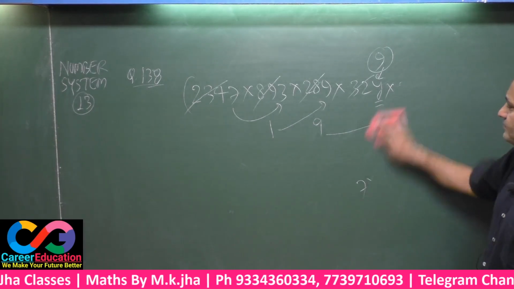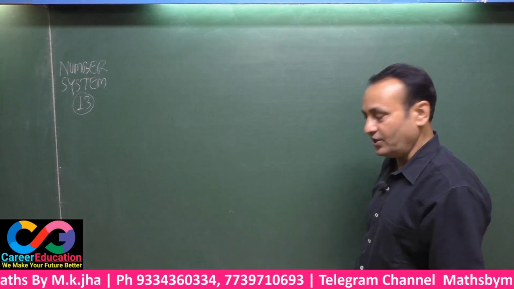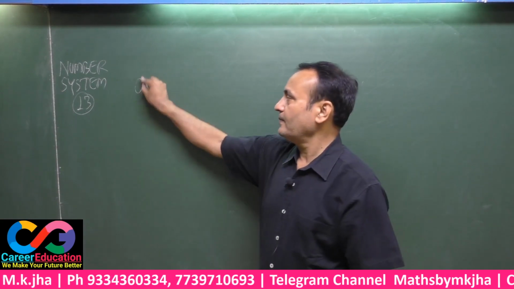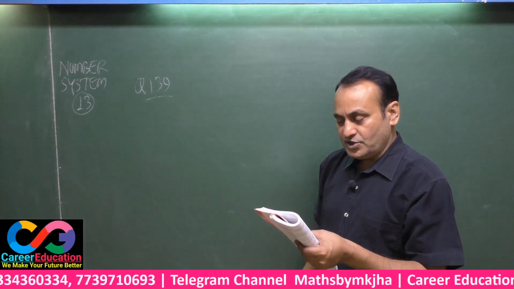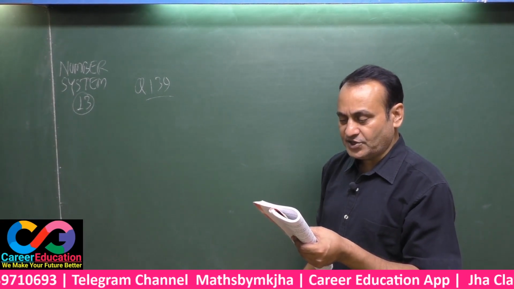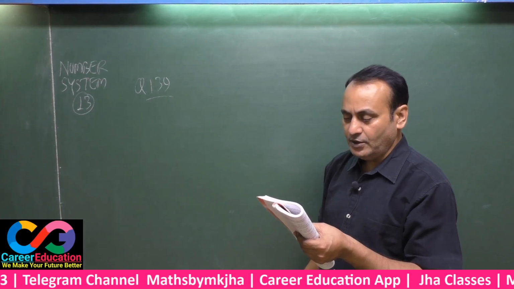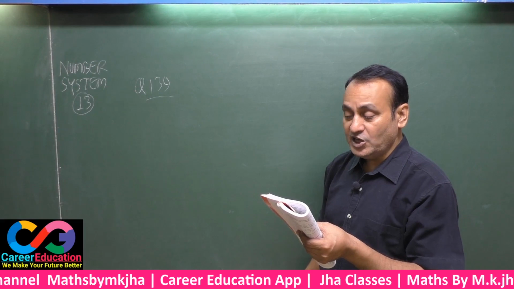Now 139. See here. The question says, if the unit of this product is 6, what will be the smaller value of y?